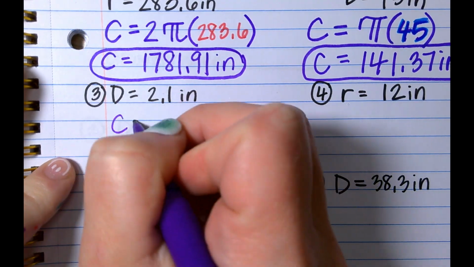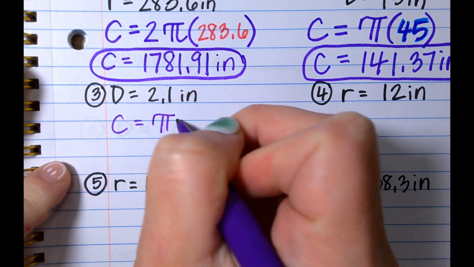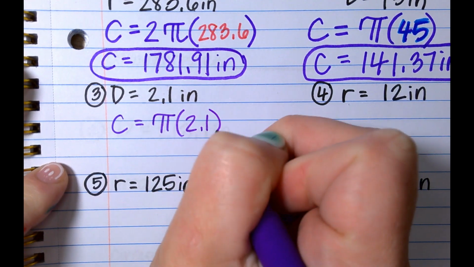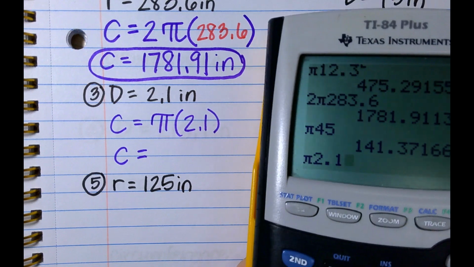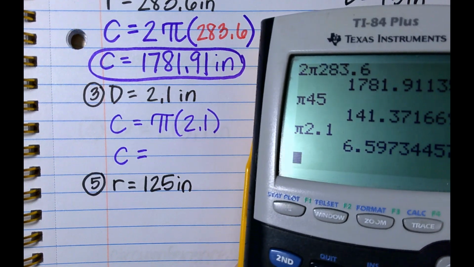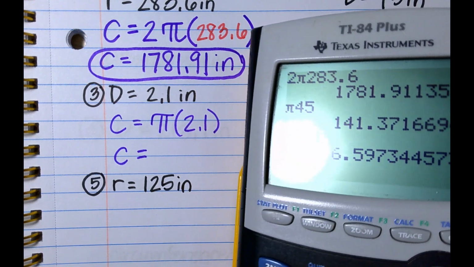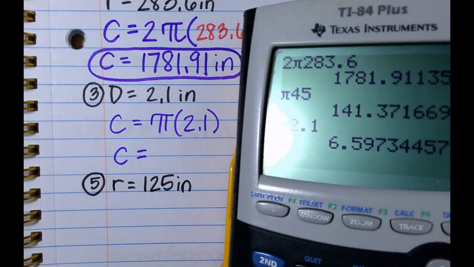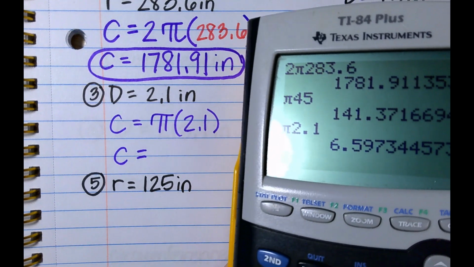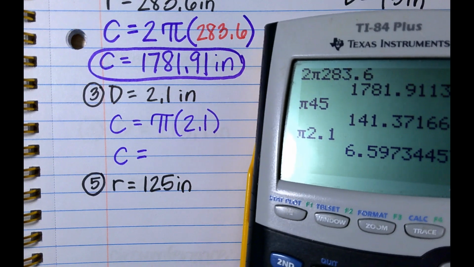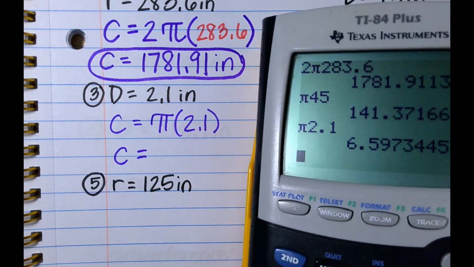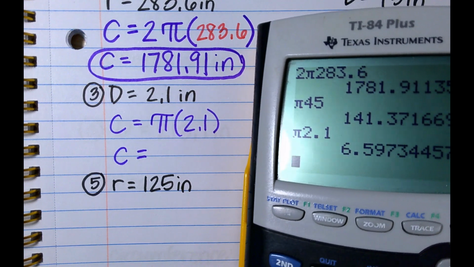So circumference equals pi times 2.1. And that should give you 6.5973445 and so on. I would take 6.597, I would take 6.60, I would take 6.6. Any of those would be just fine.